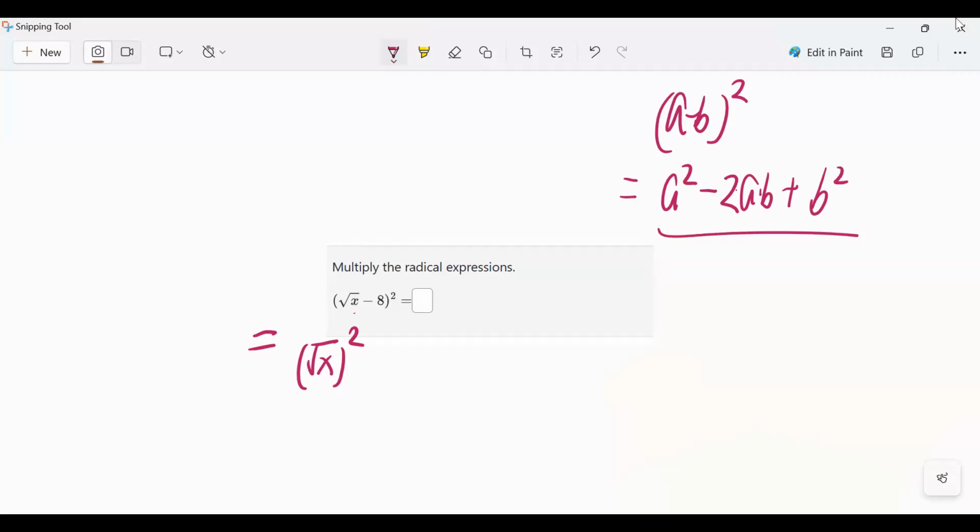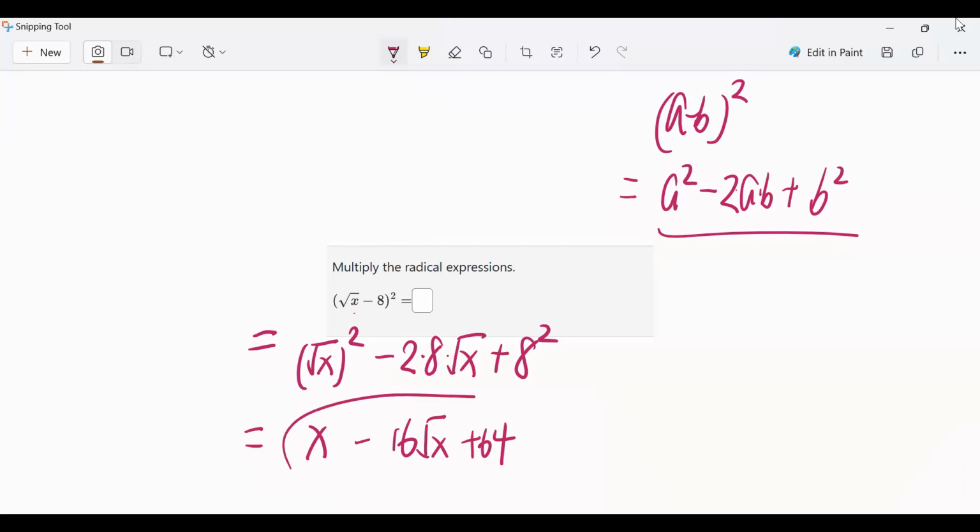So those are the three terms. Here, a squared is square root x squared, minus the middle term, 2 times 8 and square root x. After that, adding b squared. Here we get x minus 16 radical x plus 64. So this is the answer, right?